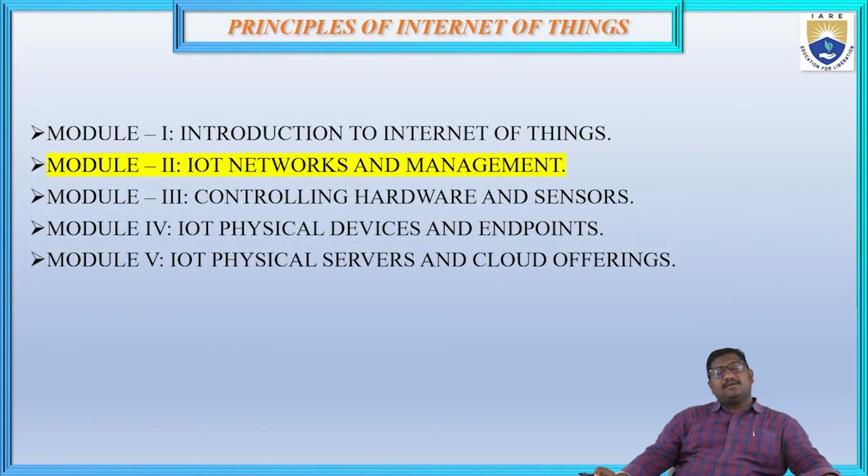The topic we are discussing today is related to the second module, which is IoT networks and management. This module discusses how the IoT network system is managed, and why management is required: to configure things, to update things, and to check which devices are there and how the devices are responding, sensor-wise, security-wise, as well as what the basic protocols are which we are using.